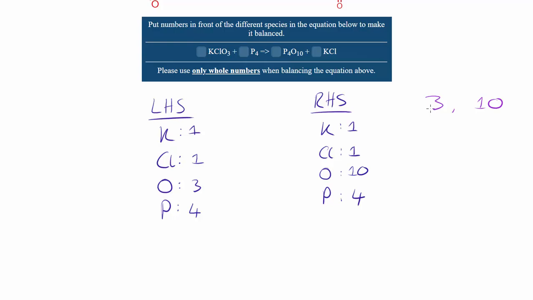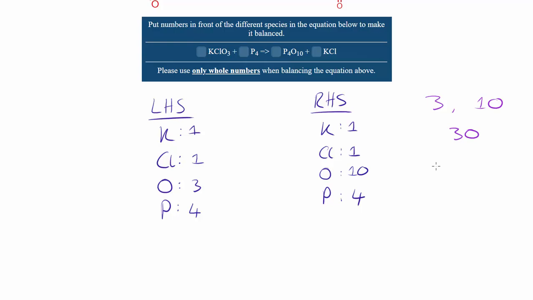Obviously 10 goes 10, 20, 30. We know that the lowest common multiple between 3 and 10 is 30, right? So in order to balance out the oxygens, I'm going to take both of them up to that lowest common multiple, right?